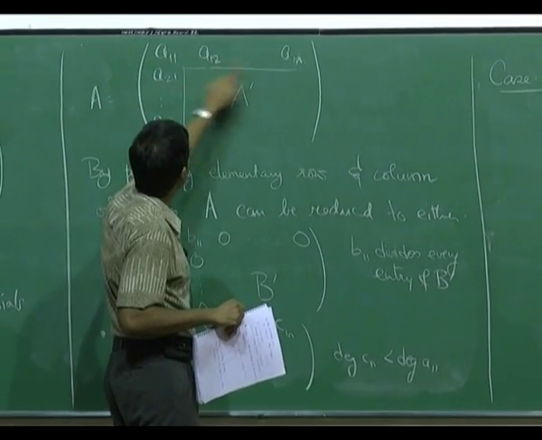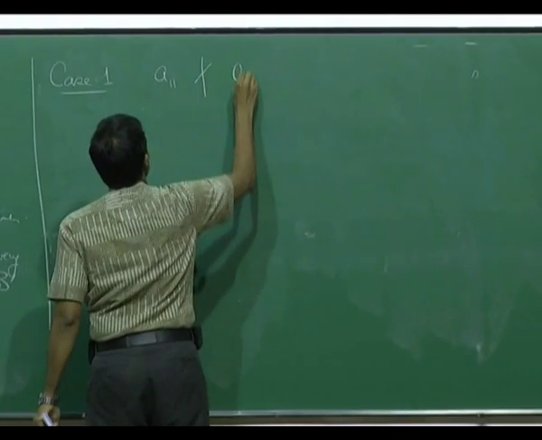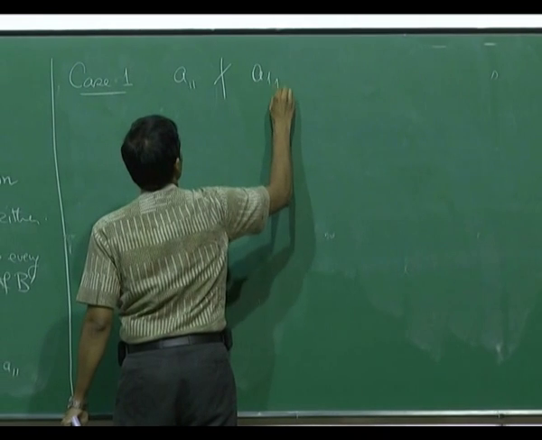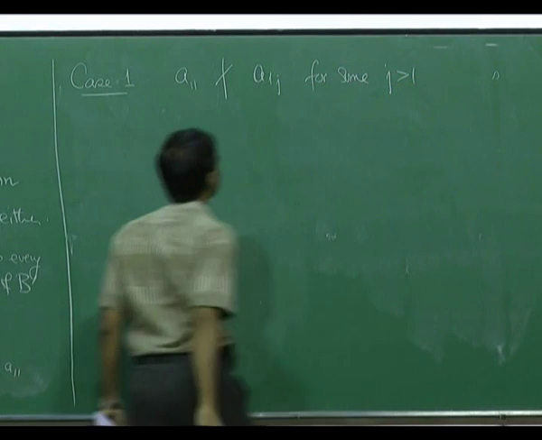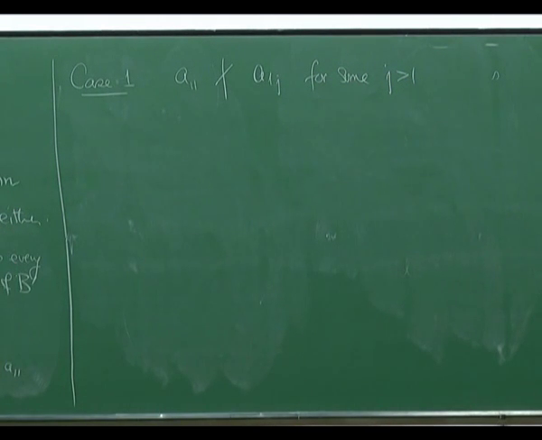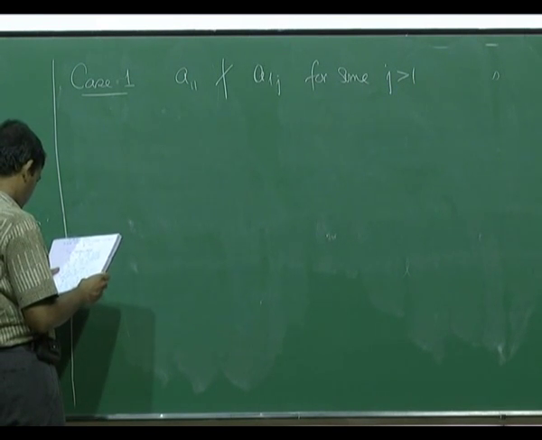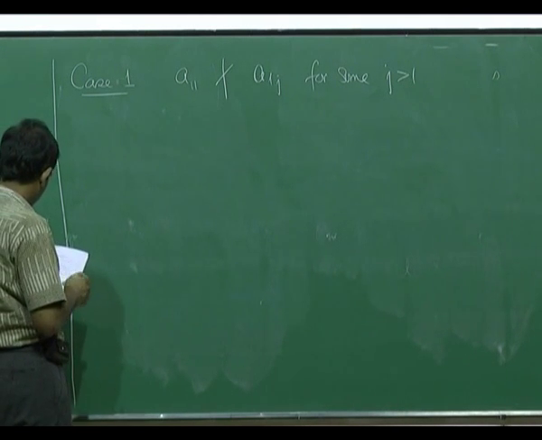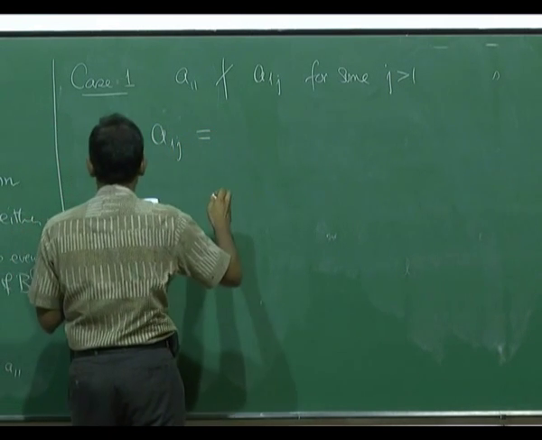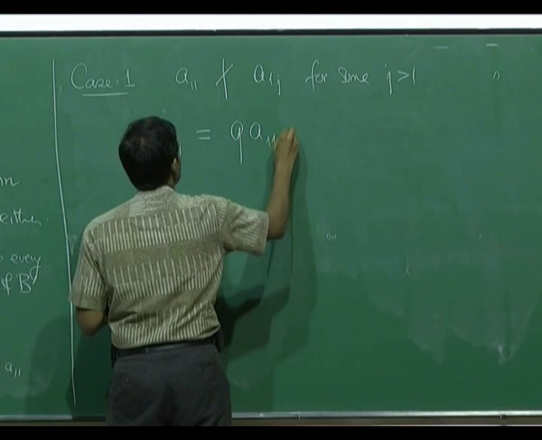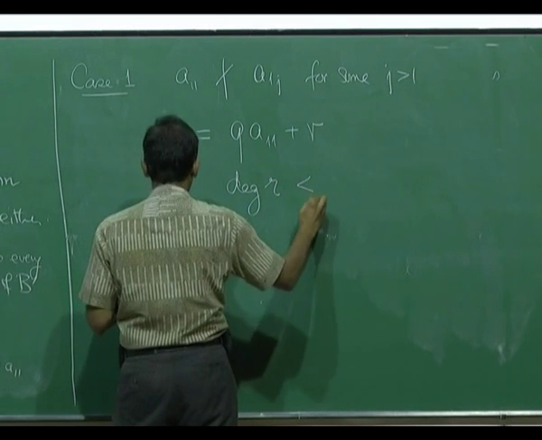So suppose A11 does not divide A1j for some j greater than 1. Then you can use the Euclidean algorithm. Then A1j can be written as q times A11 plus r, and the degree of r is less than the degree of A11.